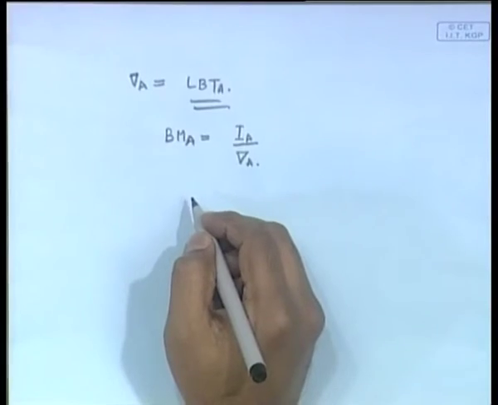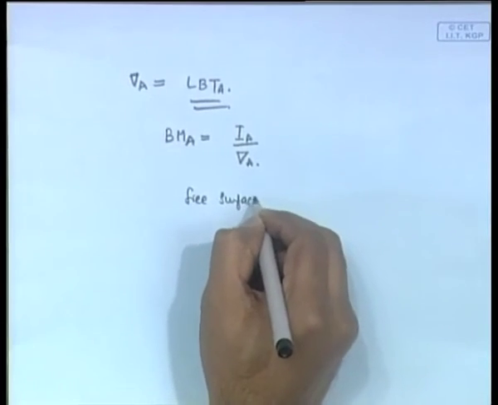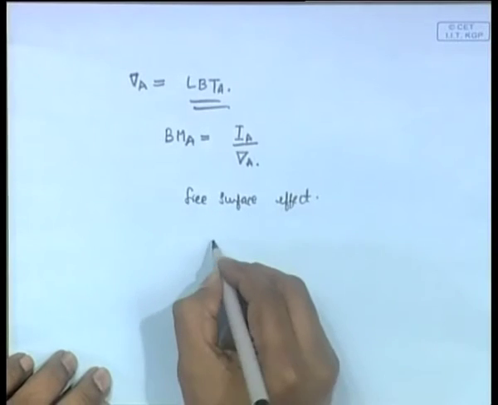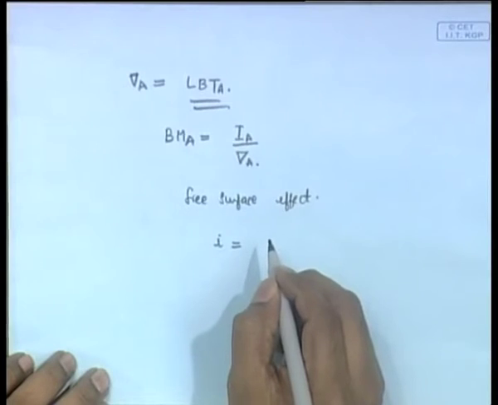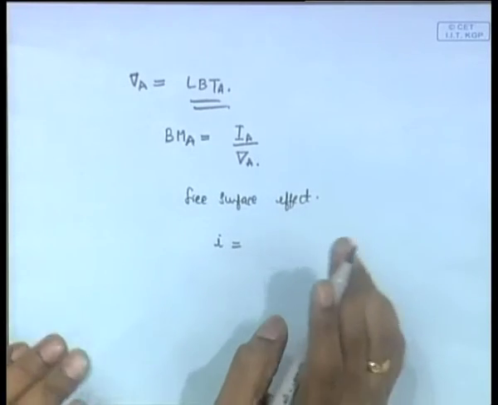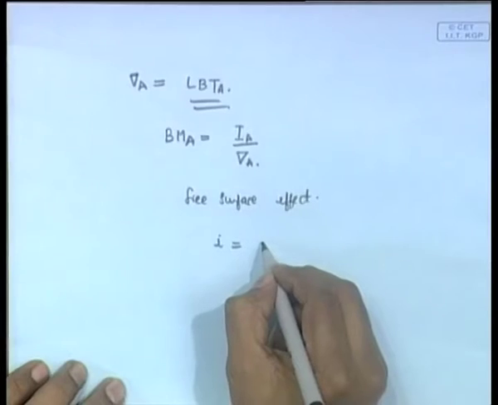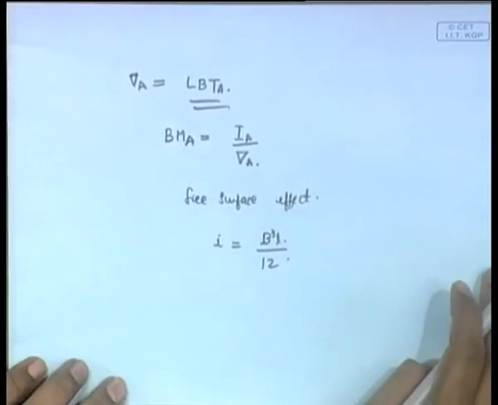So, that means the free surface effect needs to be considered, and you know that the moment of inertia to be considered is the moment of inertia of the compartment or the size of the tank. We assume that the whole compartment of length small l, breadth capital B is flooded. So, its moment of inertia is B cubed into small l by 12 about the center line.